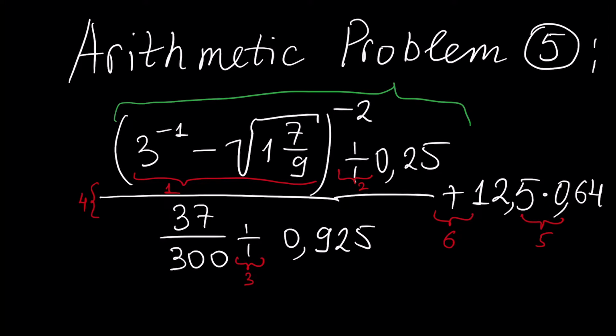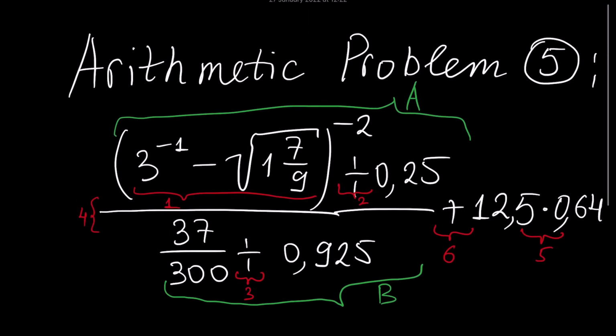Also, for the ease of calculation, let's denote the numerator of our fraction as a, and the denominator will be denoted as b. Let's rewrite our a and calculate it.